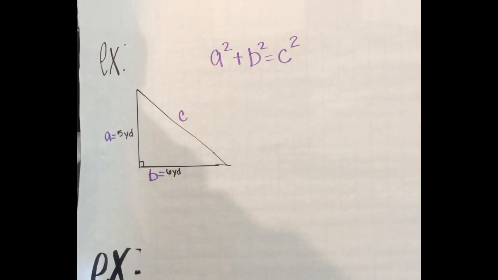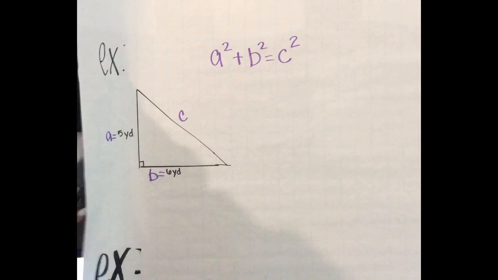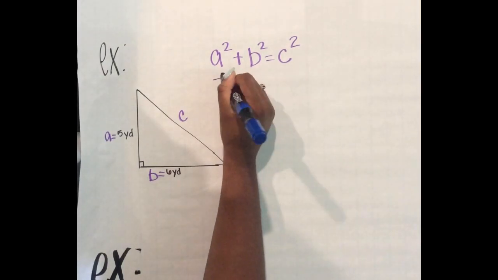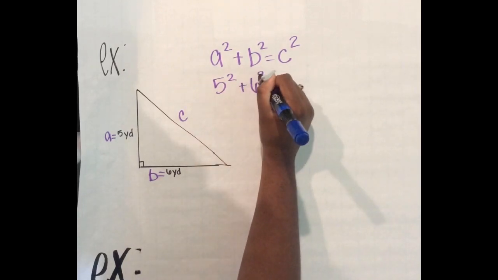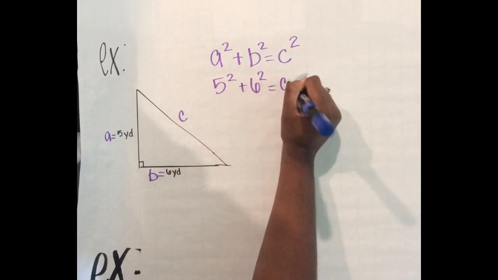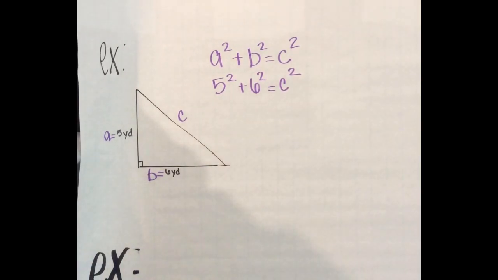So we're going to plug in 5 squared plus 6 squared equals c squared. So here's what I want you to do. We know that our final thing is to take the square root, right?